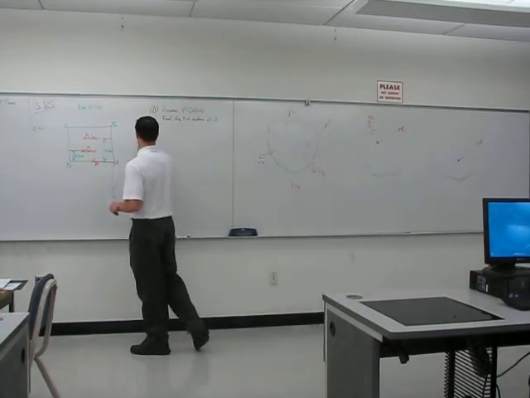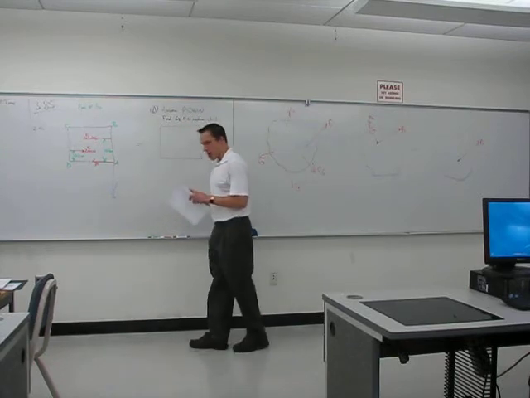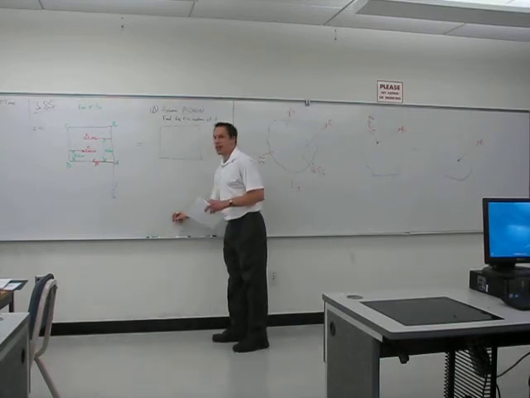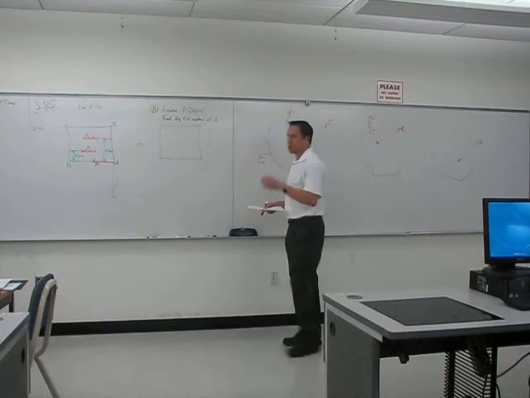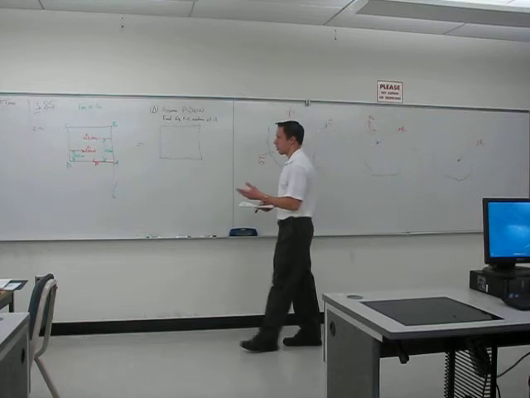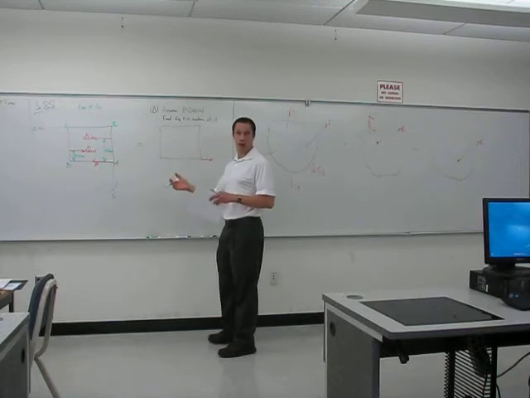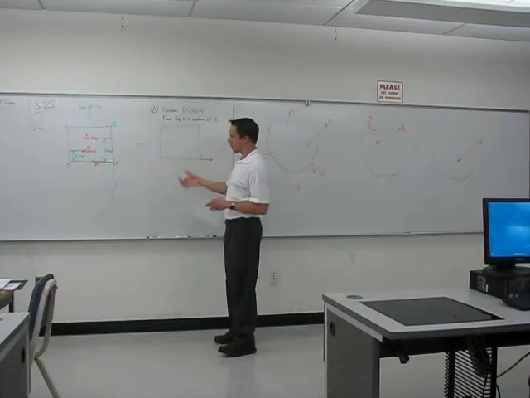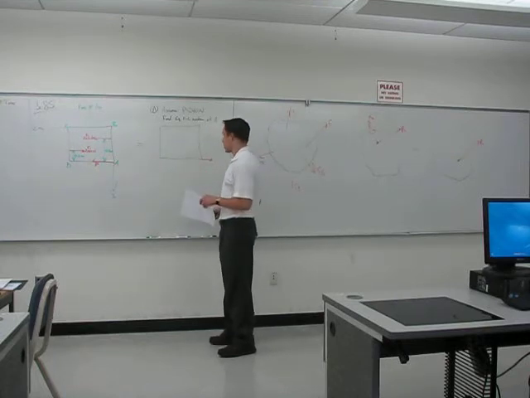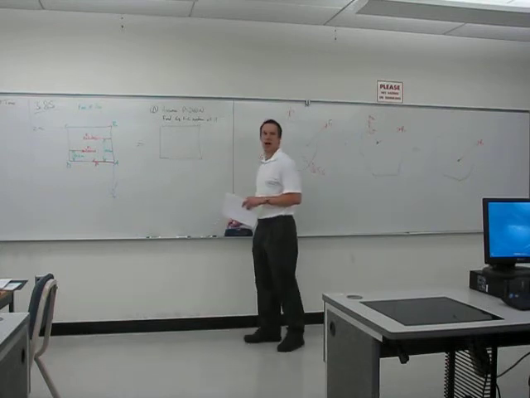So what I'm going to do is set an equal sign here, and I'm going to draw the box again, and at the point A, I'm going to put a force and a couple, or a moment vector. Typically I show my force with an x and y component, or in this case an x and a z component, and I like to show those acting in the positive direction.